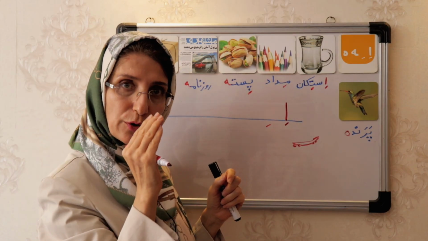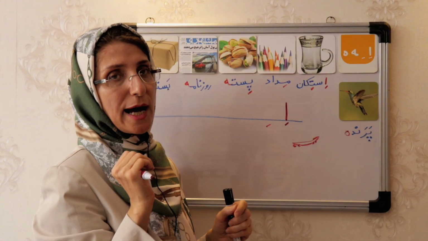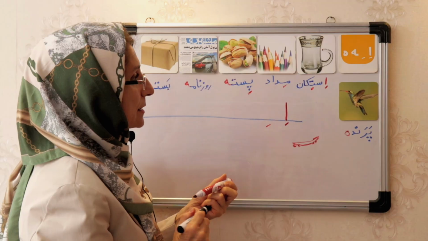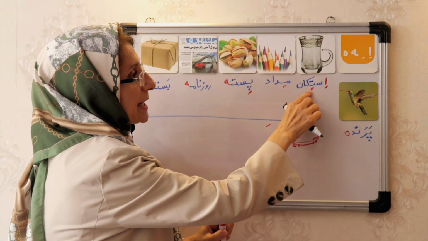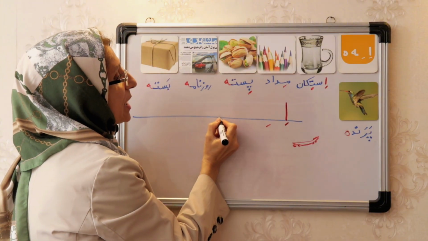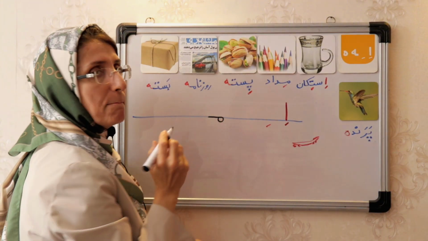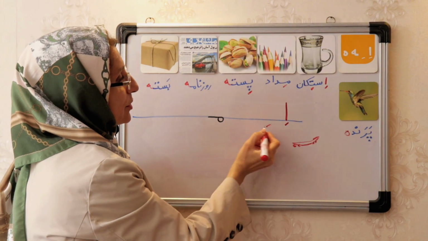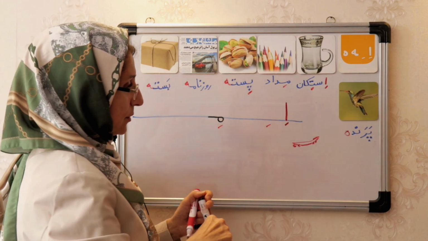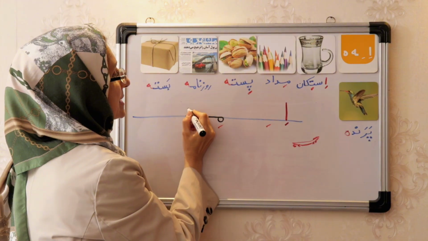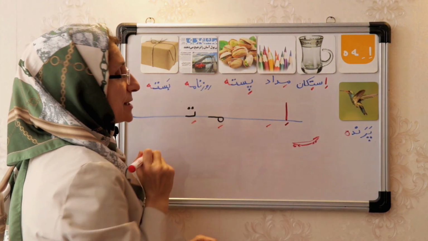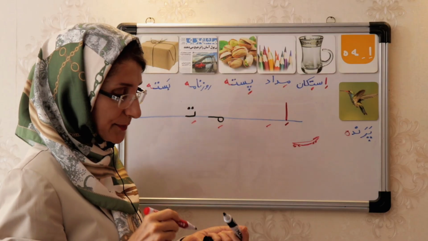It comes below the feet of other sounds and make them sound A. For instance, you see in the word استکان or مداد, for instance, you have me sound and with A وسط it will be me, or we have T sound with A it will be te.